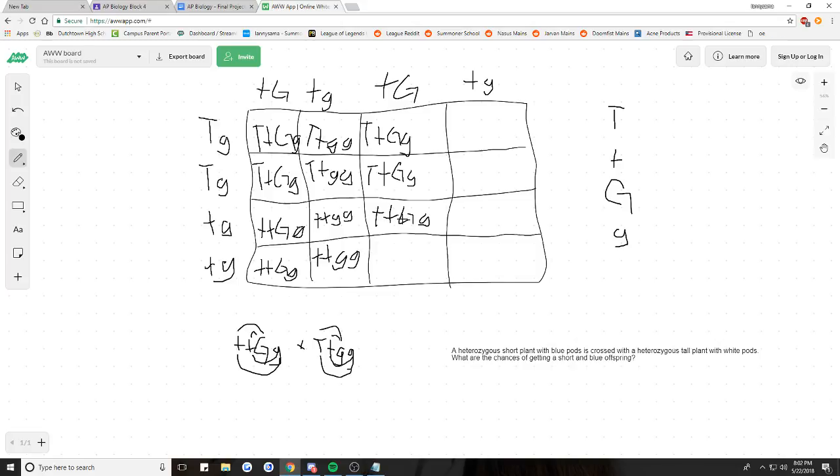And right now I should be able to identify how to fill in the cross. From there you're just combining it. So let's get this over with.